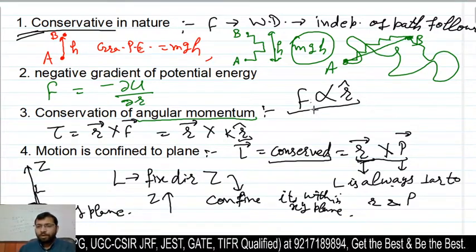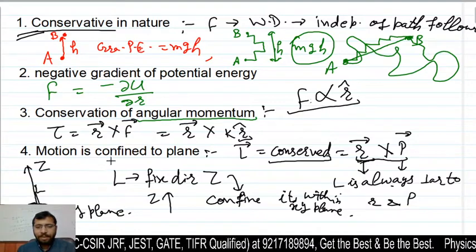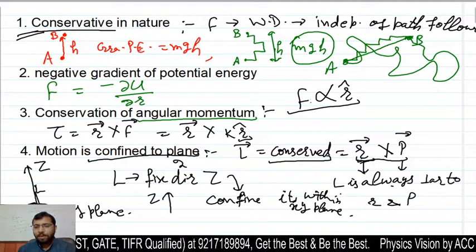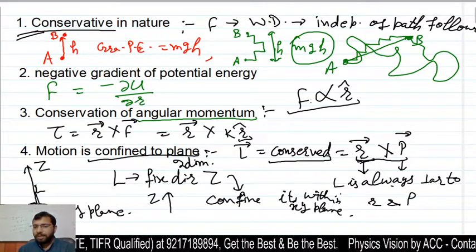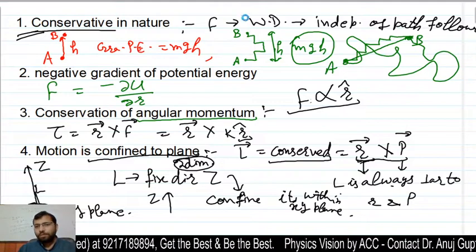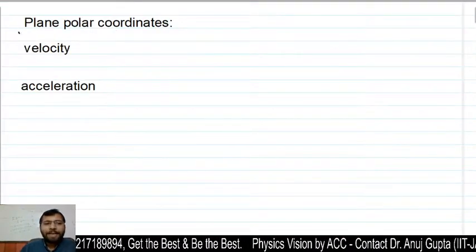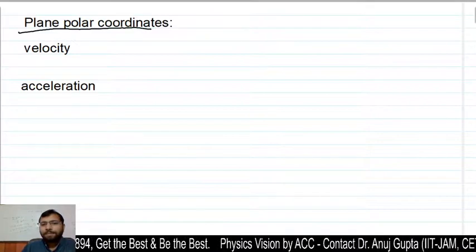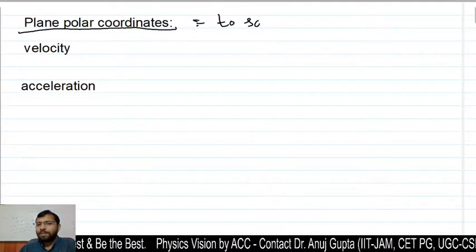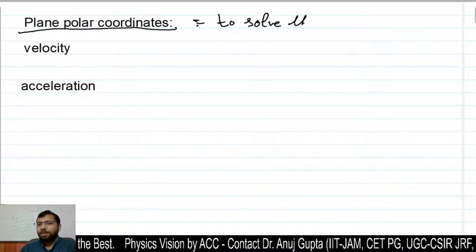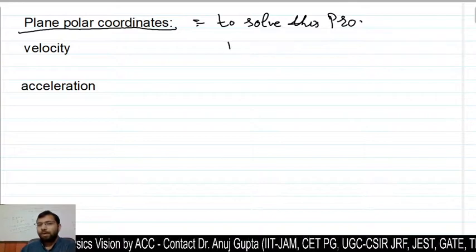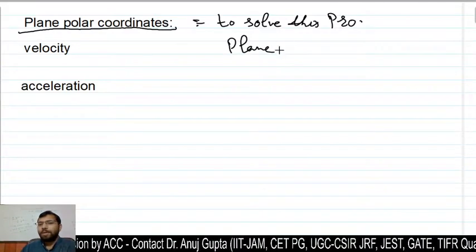Moreover, we have also seen that motion is confined to a plane. Plane का मतलब two-dimensional motion है, third dimension नहीं आएगा. That's why we will use plane polar coordinates only to solve the problem.